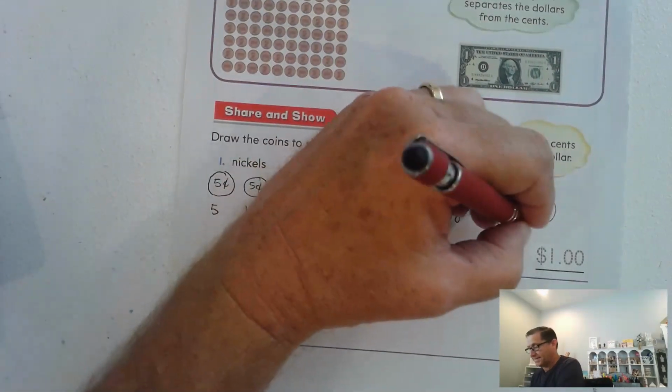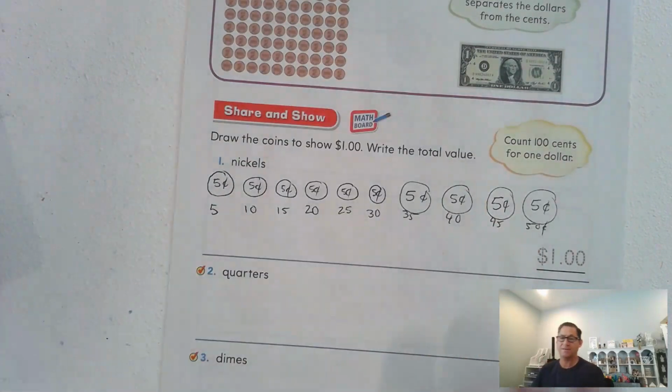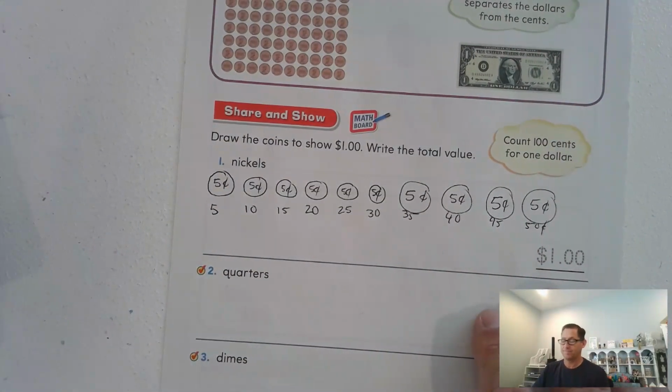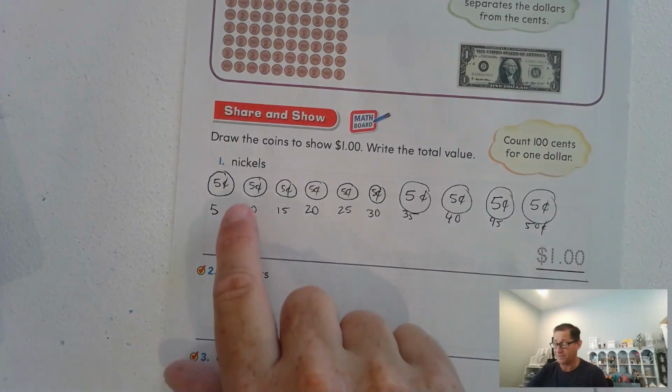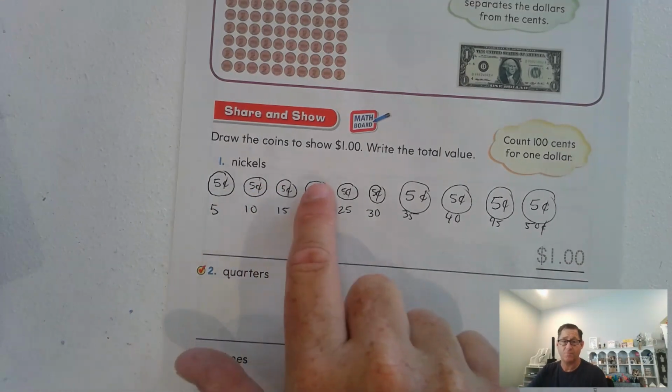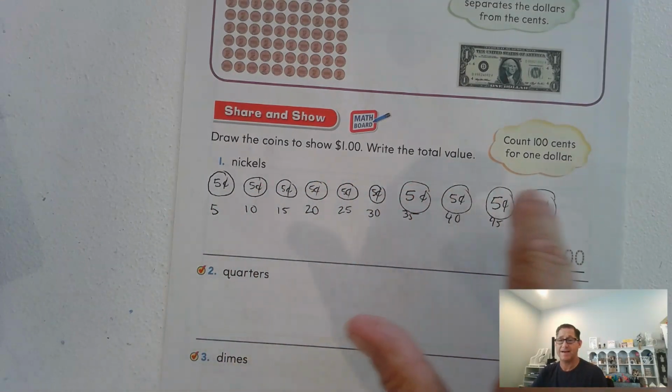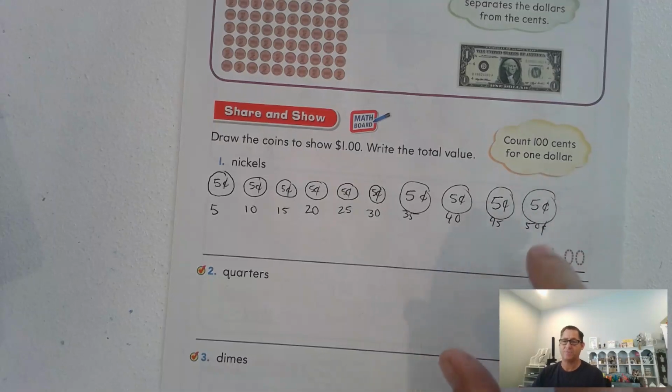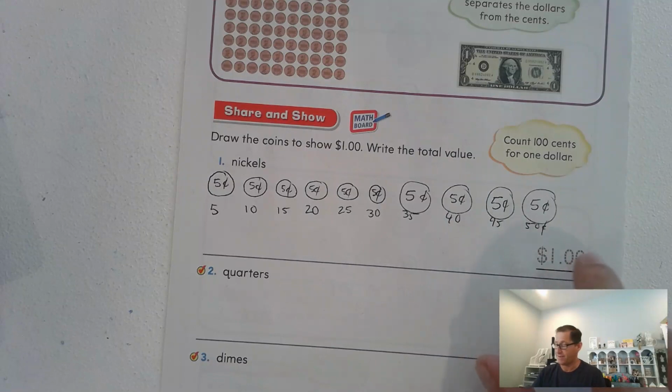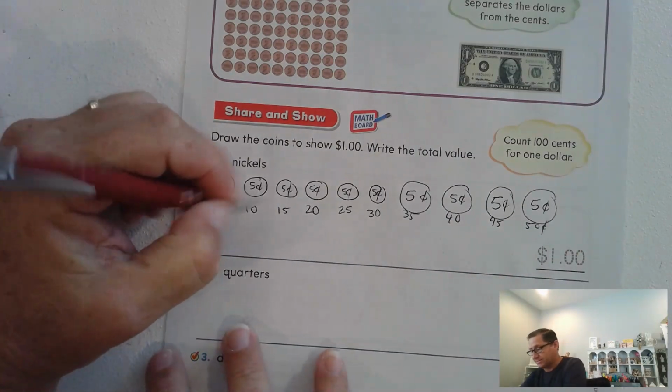So we're at 50 cents so far. We're halfway to $1. Let's take a look: 1, 2, 3, 4, 5, 6, 7, 8, 9, 10 nickels is 50 cents, which is half of $1. If we're halfway there, we need another 10 circles.